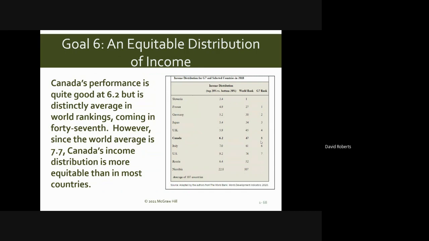So that means the people who are rich are very rich and the people who are poor are very poor. And Canada does it more evenly, and now whether you agree with that or not, we spread out the wealth more evenly than the Americans do. That's what this represents. Not as well as, say, Japan or Germany, but better than Italy and some of the other countries you see.